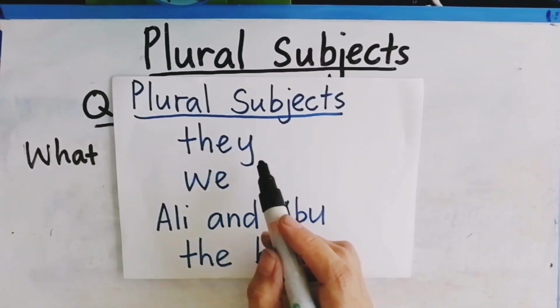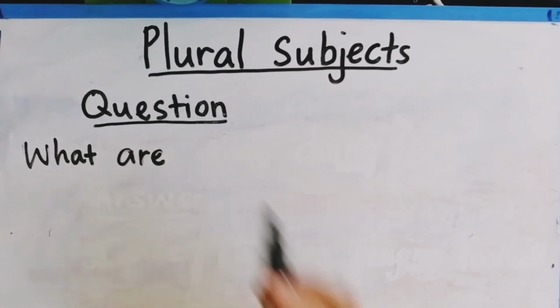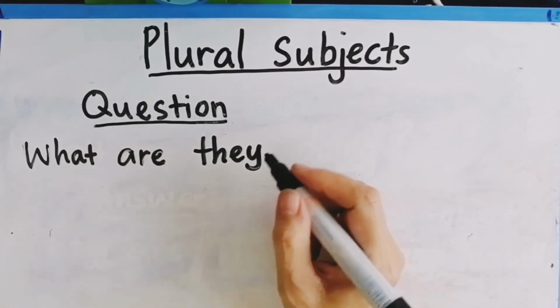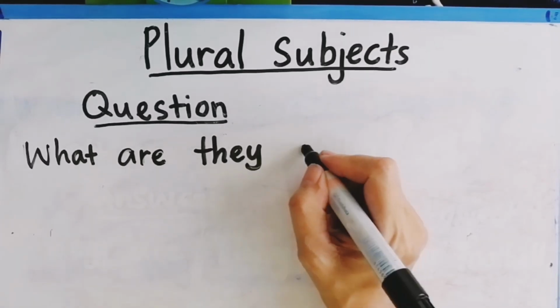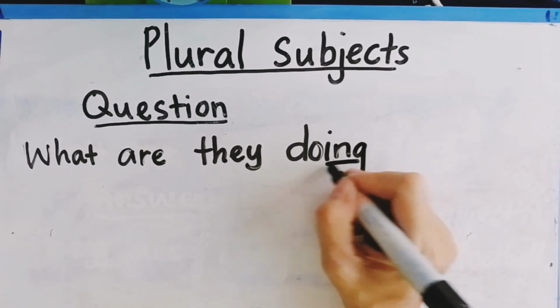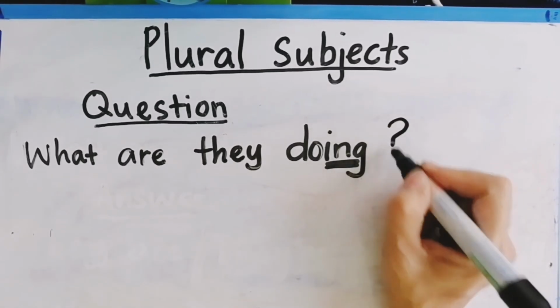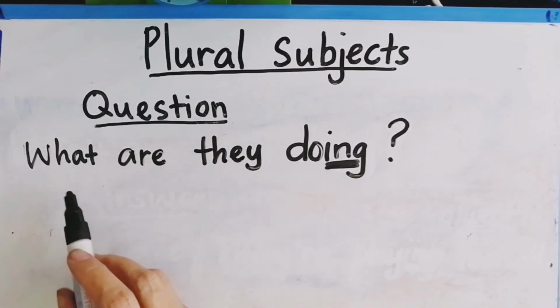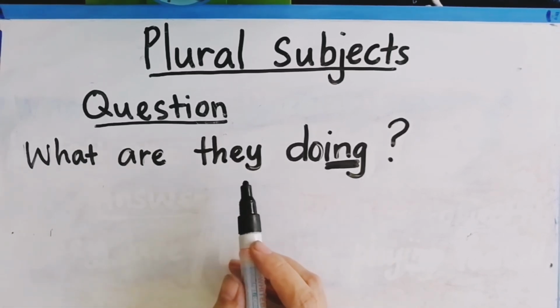We'll just take one example, they. And the verb with ing, do plus ing becomes doing. And don't forget the question mark. What are they doing? Apakah yang mereka sedang buat?